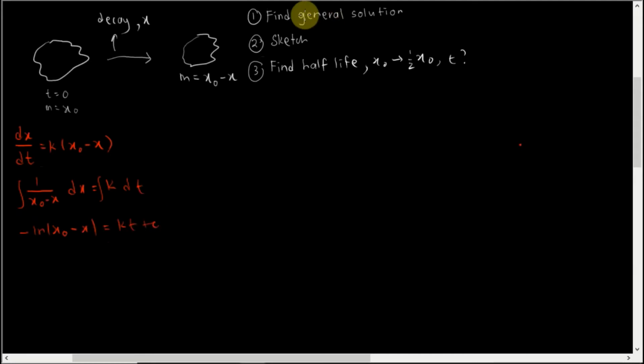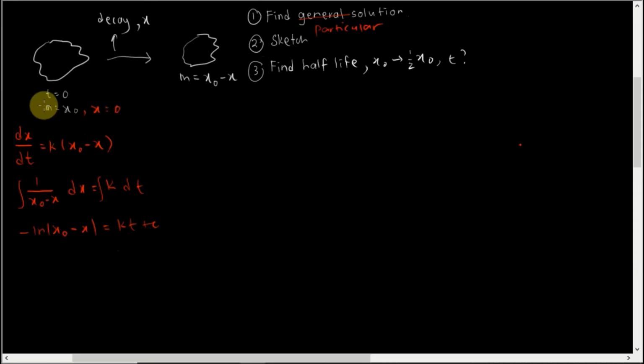Find general or particular? Find particular solution, sorry. Okay. Then, after that, since you are given this initial condition, when t is 0, the mass is x naught. So our initial condition is, here means the decay, when t is 0, nothing is decayed. Therefore, your x, which is what is decayed, is nothing, 0.